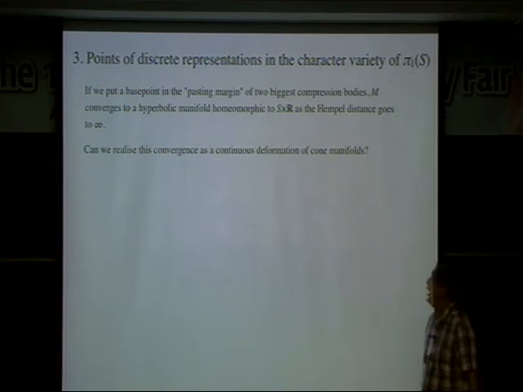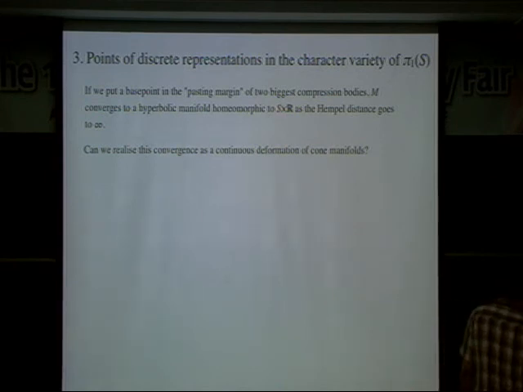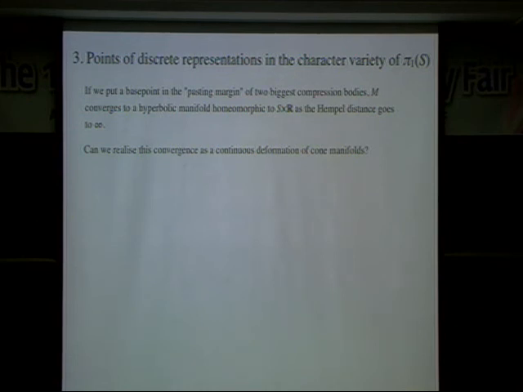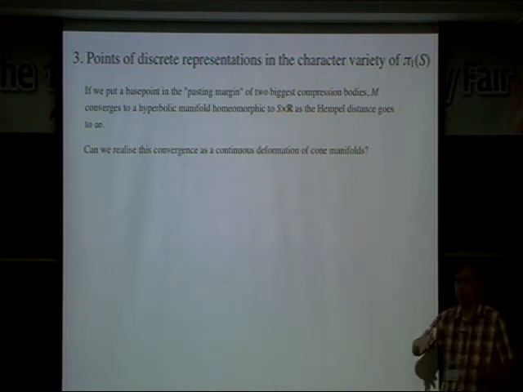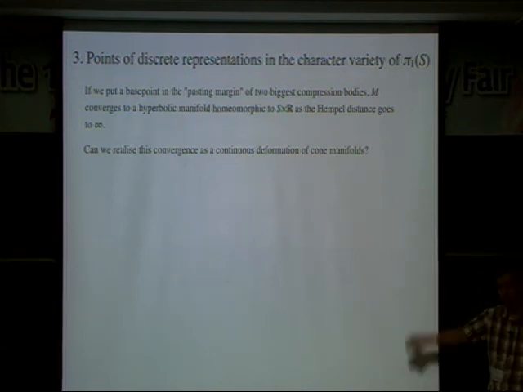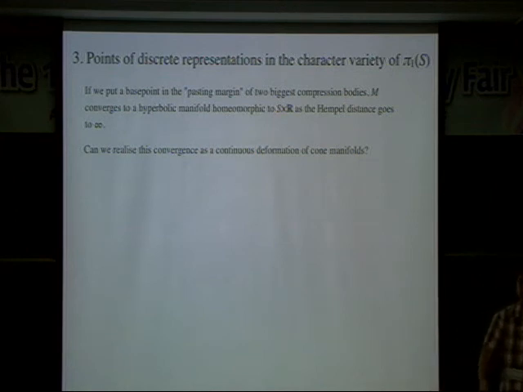And so the model manifold shows that if you take the Hempel distance larger and larger, then eventually the point in the representation space corresponding to the manifold converges to some point corresponding to a faithful discrete representation.